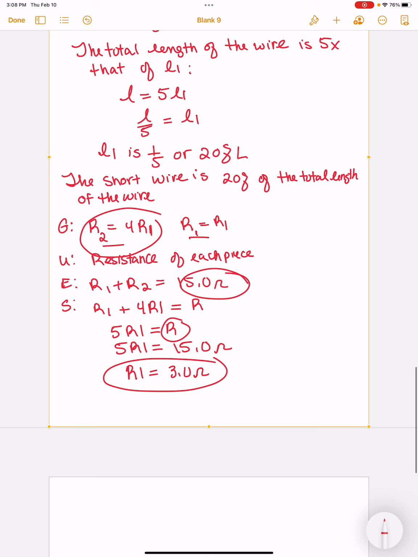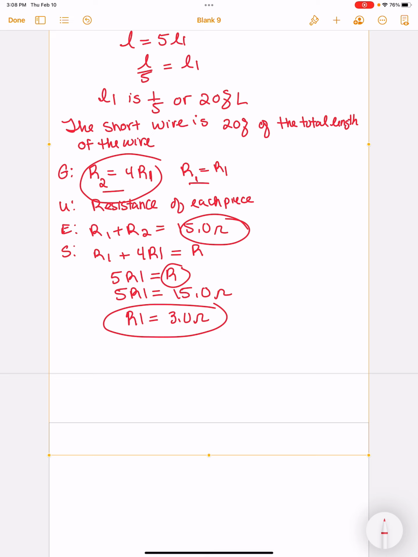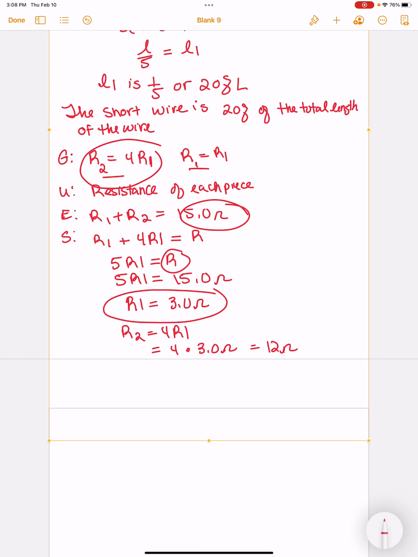And since we know that the resistance of part 2 is 4 times that, so remember R2 is 4 times R1, it's going to be 4 times 3 ohms, which equals 12 ohms. Pretty cool. So there we go. So the first piece, R1, is 3 ohms. R2 is 12 ohms. Another way you could do that was we were given the total is 15, and so you could say 15 minus 3. That would also be 12.